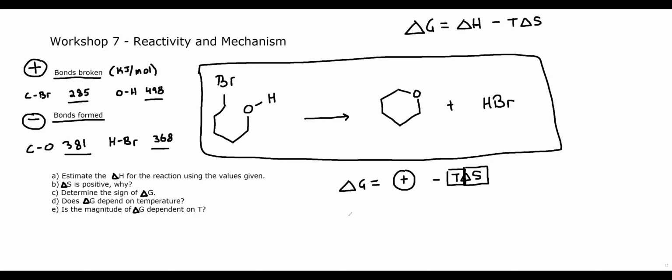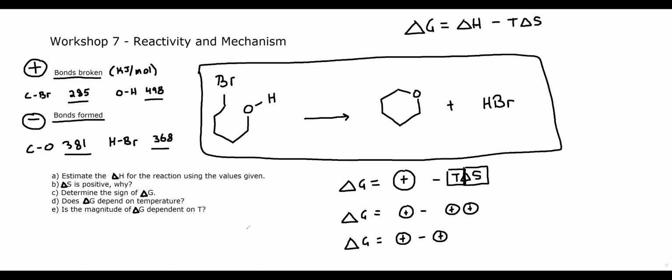Okay, so what we have here is delta G is equal to a positive number minus a positive number times a positive number. Okay, so ultimately what we have is delta G is equal to a positive number minus a positive number.